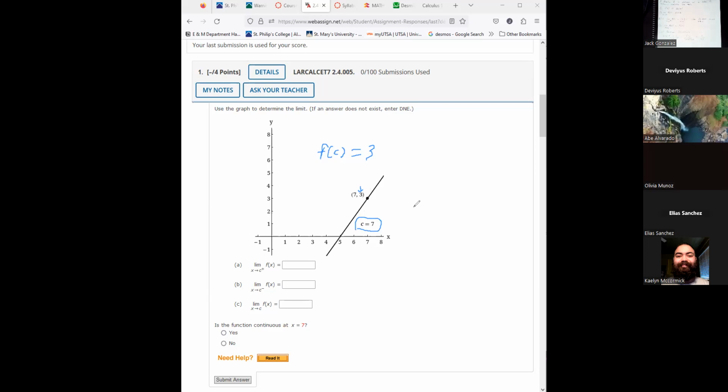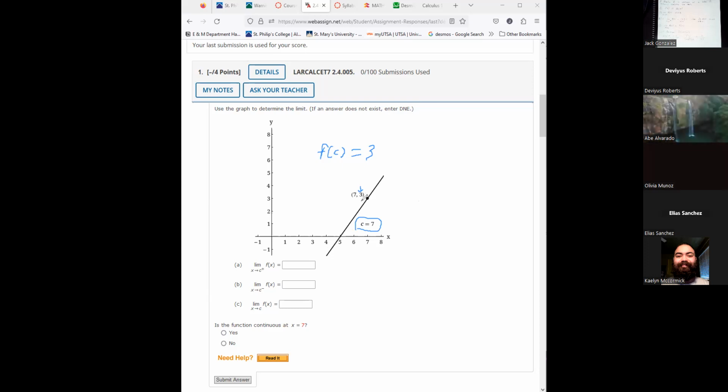I just don't understand where the formula is. Well, they didn't give it to us. We have to figure that out. F is the line. So F of 7 is 3, right?